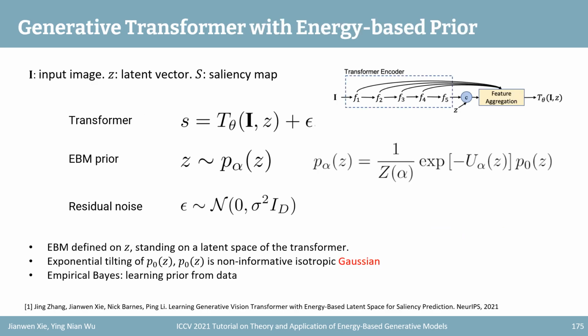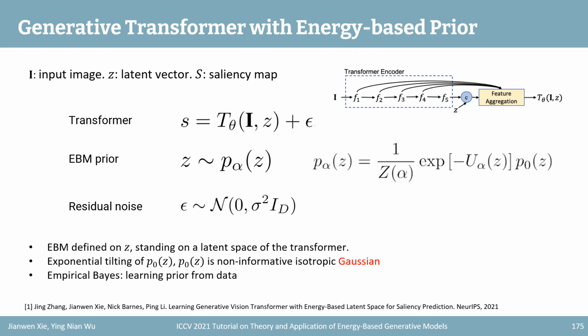Let's talk about the modeling. This model is a latent variable model with Z representing low-dimensional latent variables. Let's use I to denote an image and S for a saliency map.